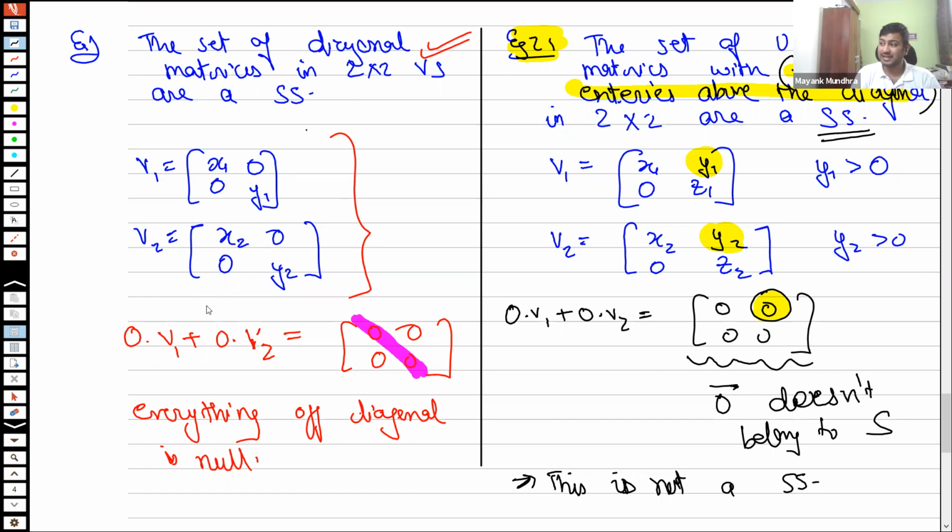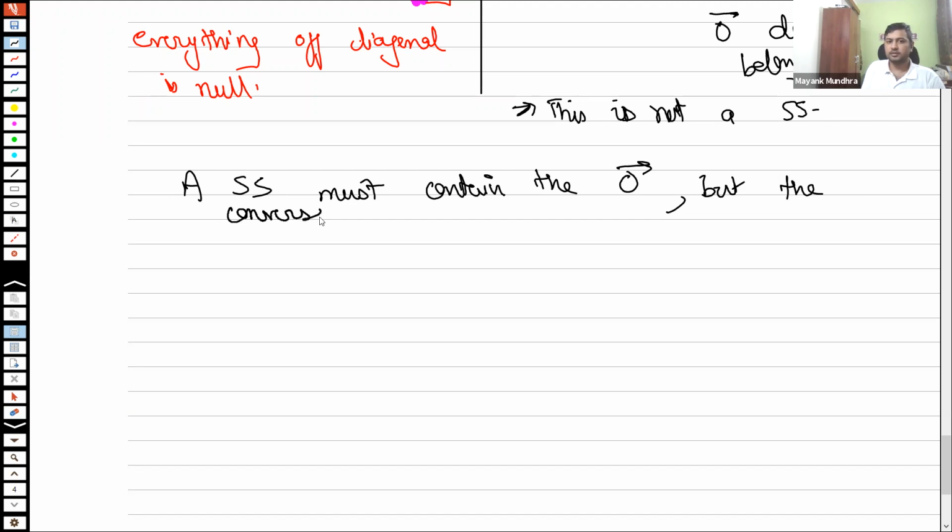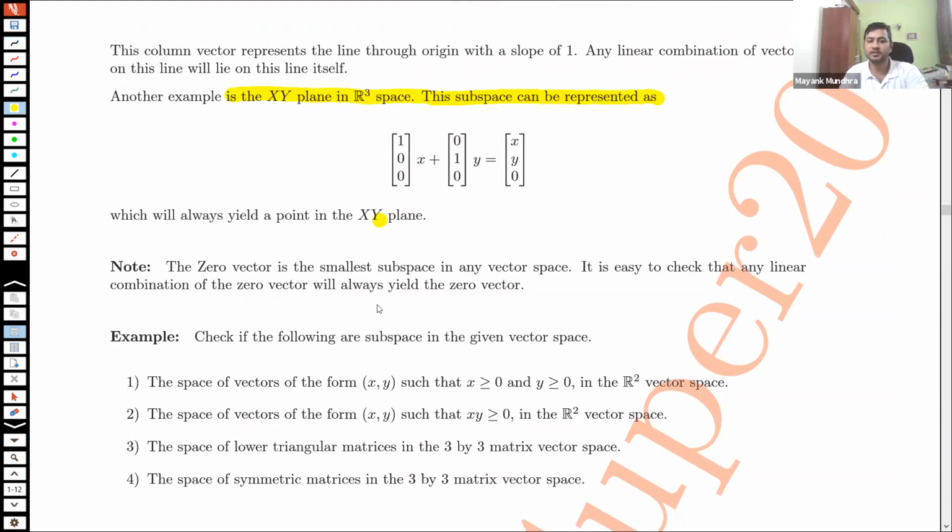We saw the positive x-axis example: if you include zero in it, it is still not a subspace. So a subspace must contain the zero vector, but the converse is not true.